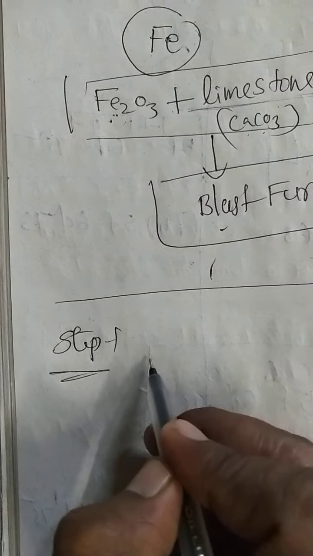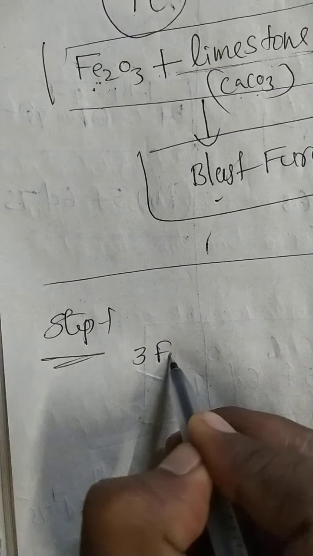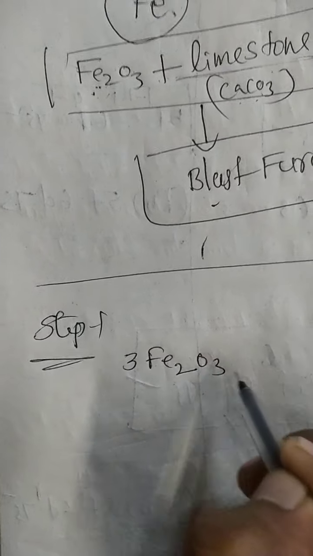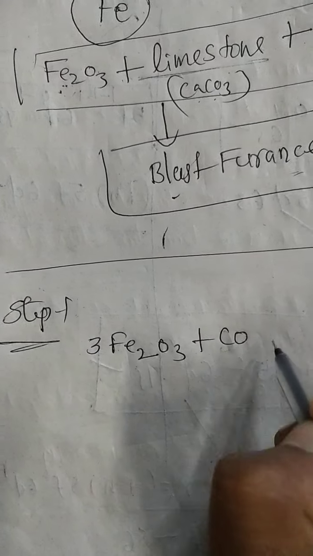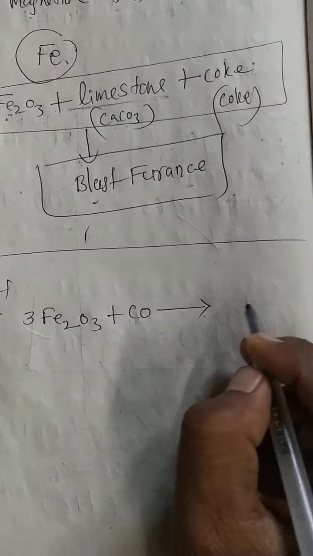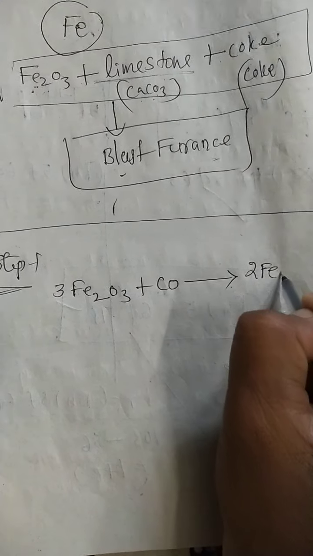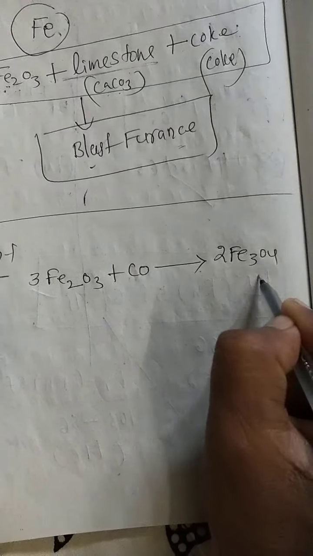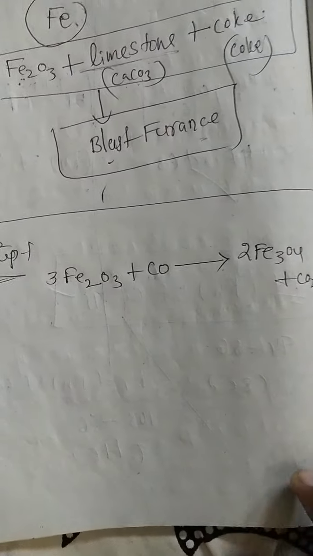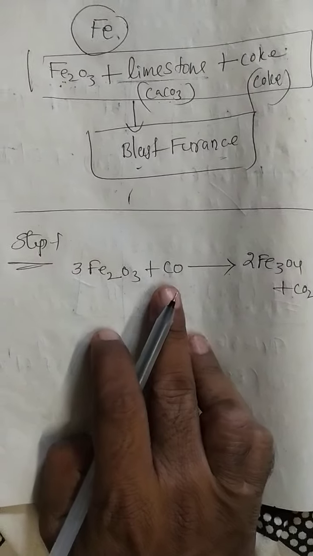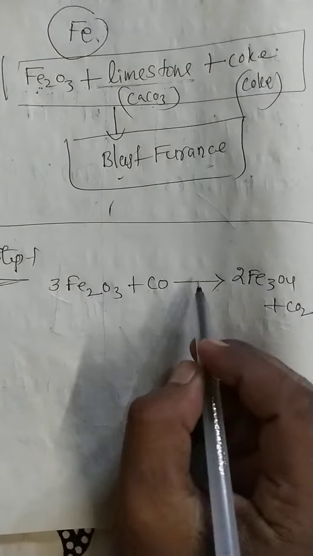In the first step, the ore 3Fe2O3 reacts with carbon monoxide and is converted into 2Fe3O4 plus carbon dioxide. I have already explained how carbon monoxide is formed. This is the first step.